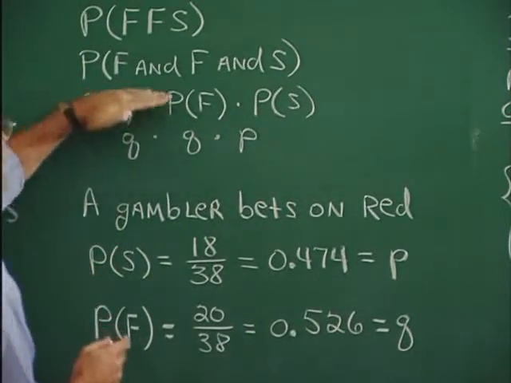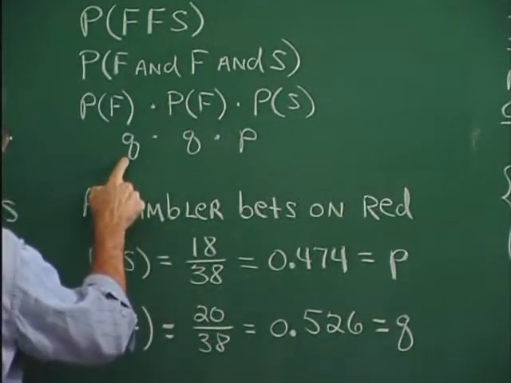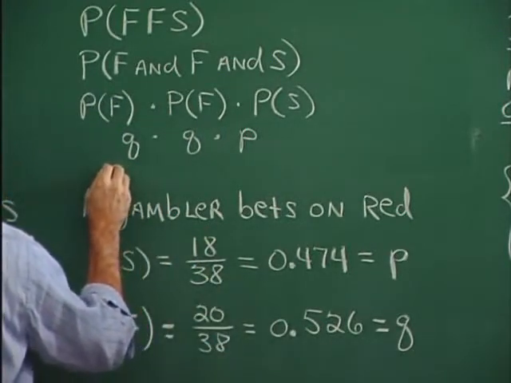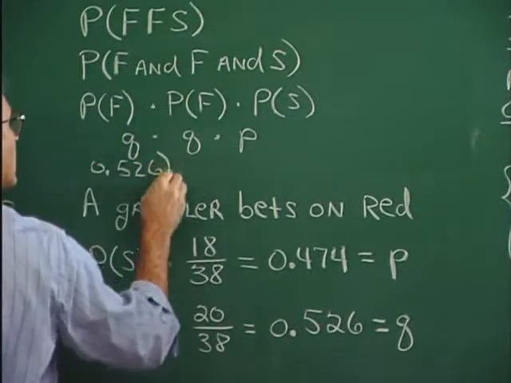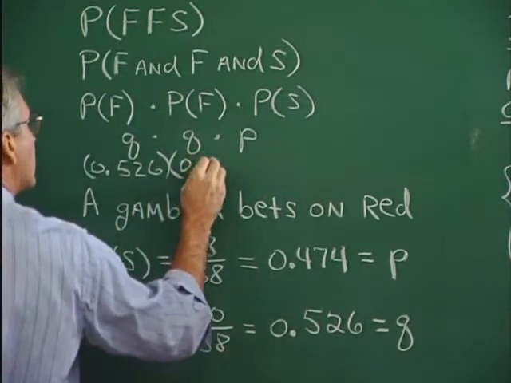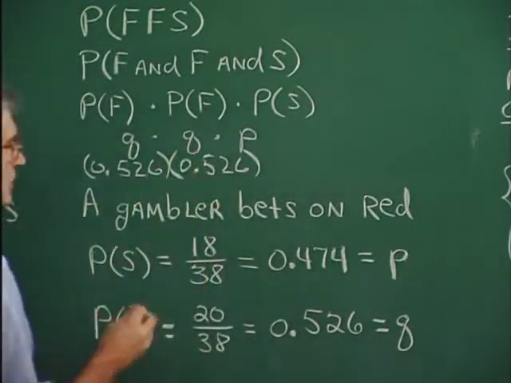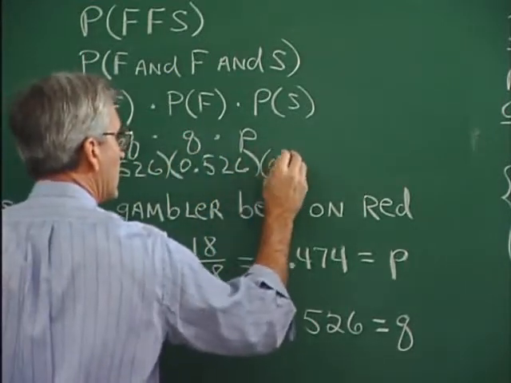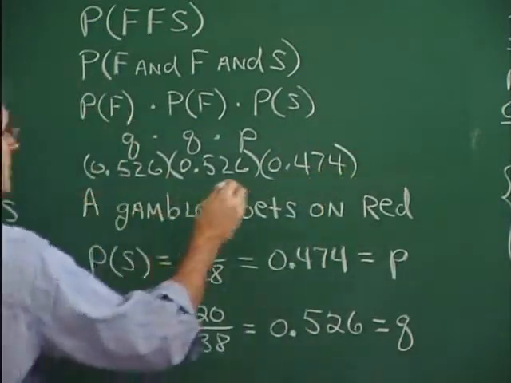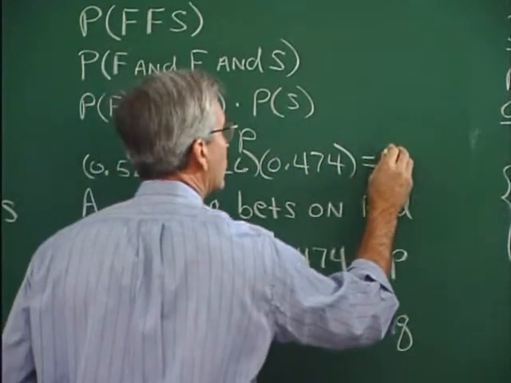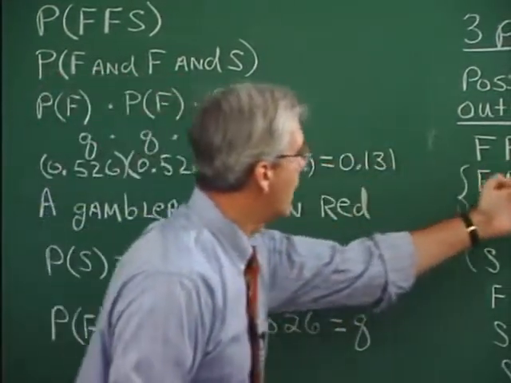So either way we write this is okay. Now the Q is 0.526, and this also is 0.526, and the success is 0.474. Multiplying these, we find that the product is 0.131. All right, now that's what I found right here.